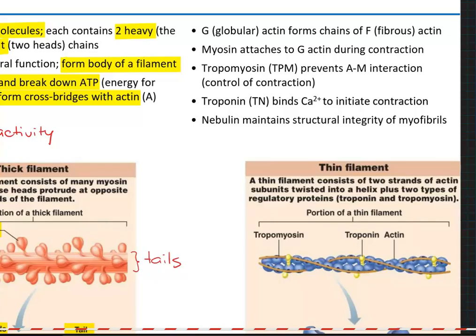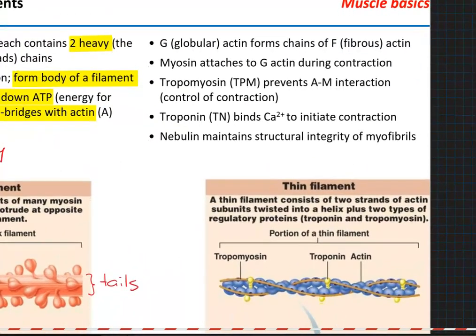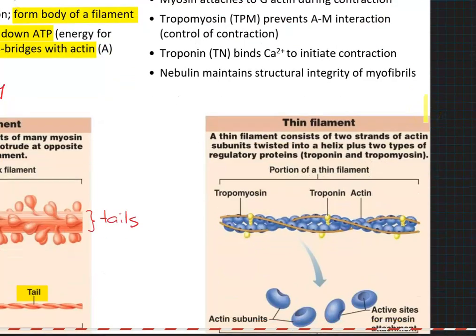Now, unlike the thick filament, which is more fibrous, thin filaments mostly consist of globules of a protein called actin. When these globules attach to each other, they form these two interwoven spirals that you can see highlighted in blue. And on these spirals there are two more proteins.